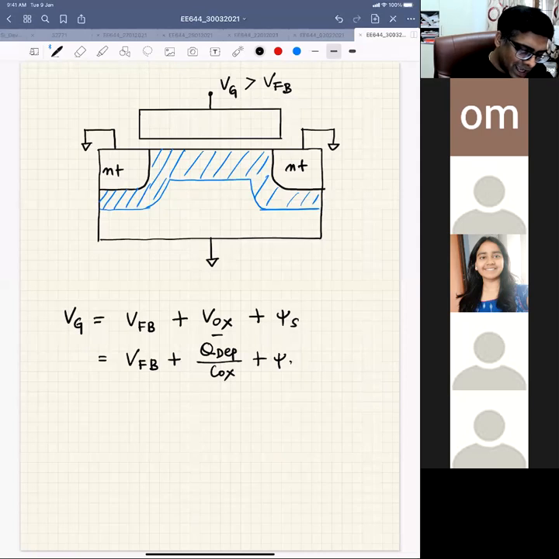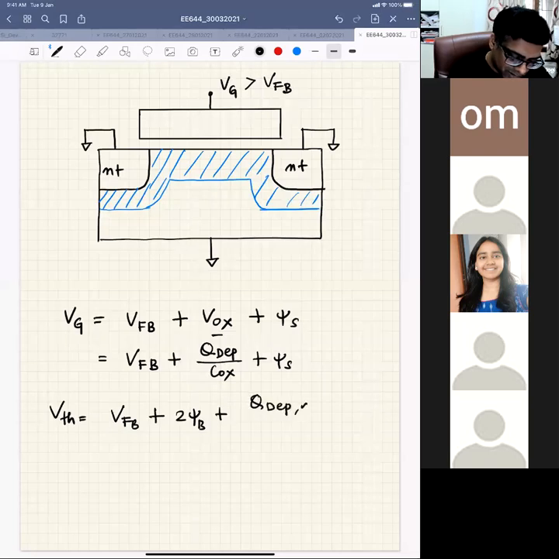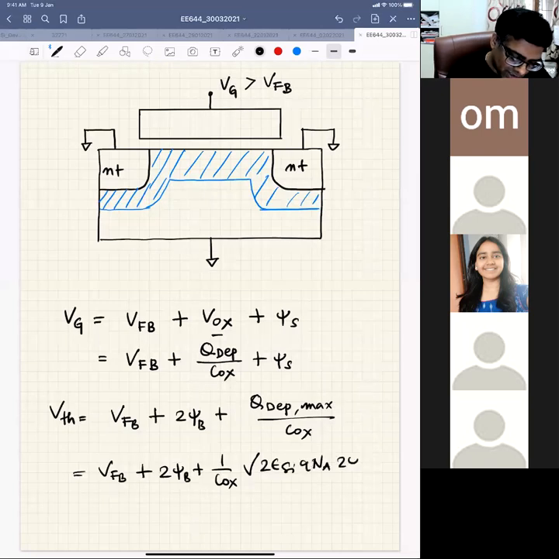Our threshold voltage is also defined in the same way: VFB plus 2 psi B, this is the maximum depletion width, so the maximum depletion charge divided by Cox. So VT is VFB plus 2 psi B plus 1 by Cox times the maximum depletion charge, which is the square root of 2 epsilon si q NA 2 psi B. This is how we defined our threshold voltage, right?